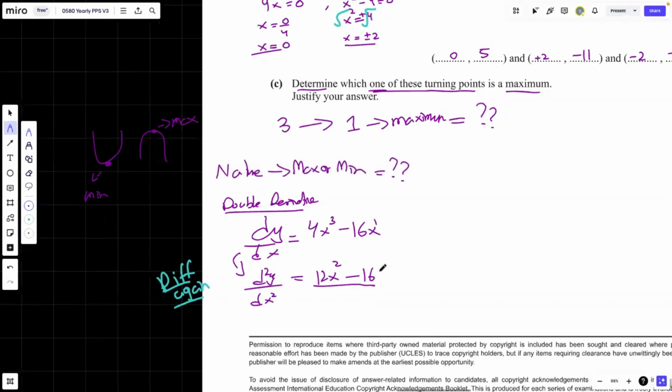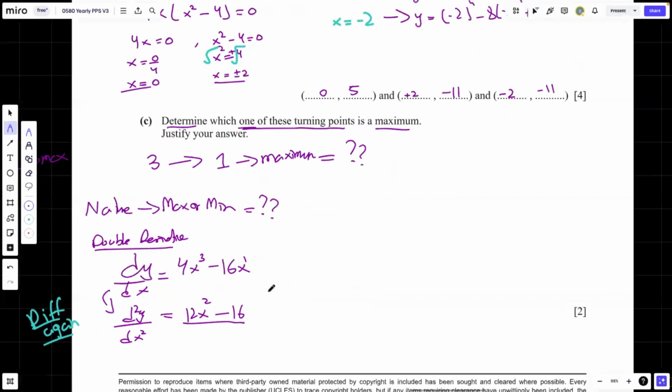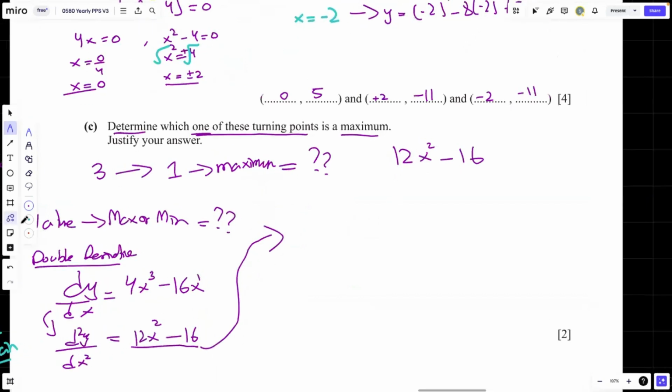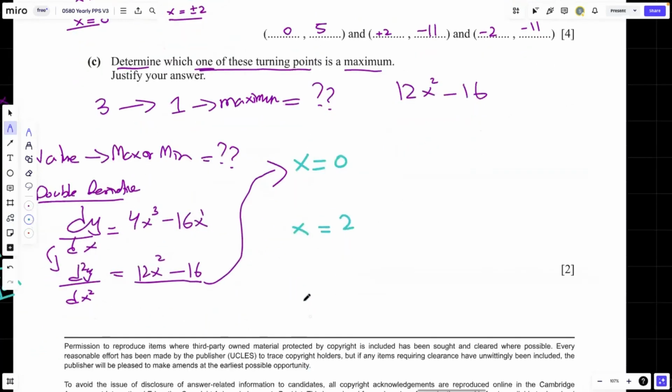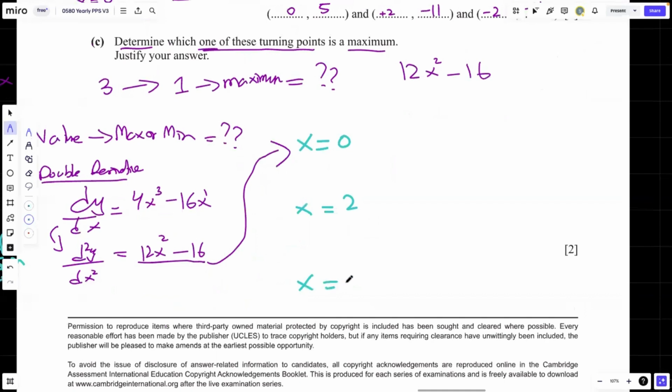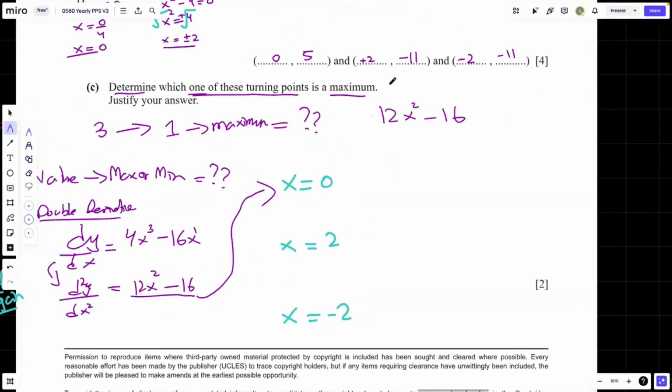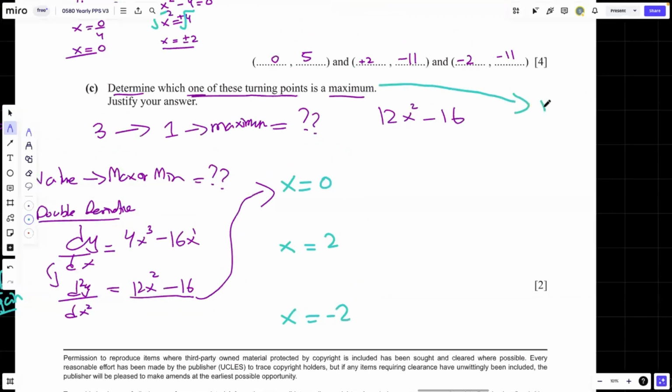Now, I need to check the double derivative at all of the points I have. So I'll write this down here. The 3 x coordinates that I have are these. I need to check all three of them. What I need to check is which one is actually giving me a negative answer, because for a maximum, you'll get a negative answer.